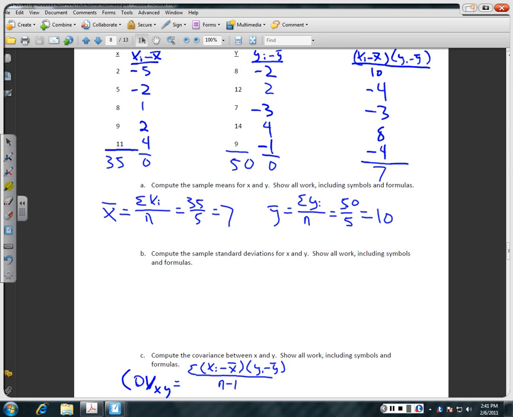Can't remember exactly, but there is a video on this, at least one on integrity. I think it's maybe around video 8 if you need a little bit more review on this. But anyway, we've got 7 divided by n minus 1. N is 5, so that's 4. So the covariance is 1.75, 7 divided by 4.